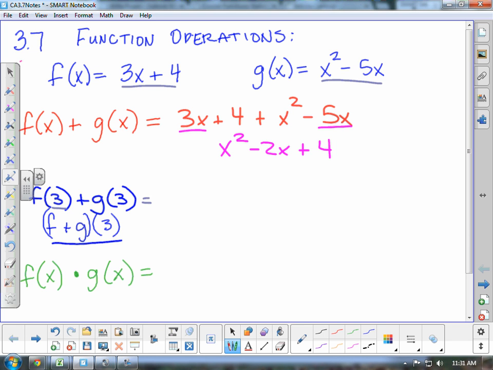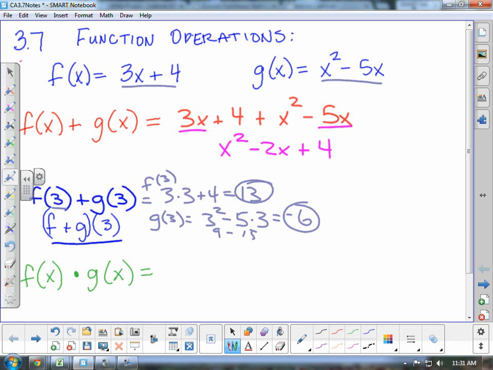And so you could get 3 times 3 plus 4, which is 13, and that's f of 3. And g of 3 is equal to 3 squared minus 5 times 3, which is 9 minus 15, a negative 6. And then take these two answers, and because our operation is addition, add those together to get 7.